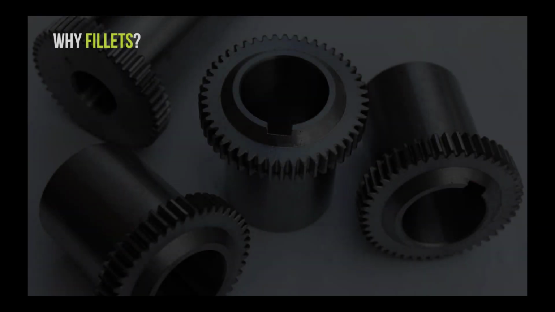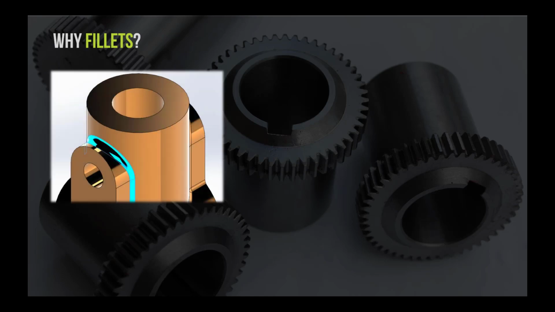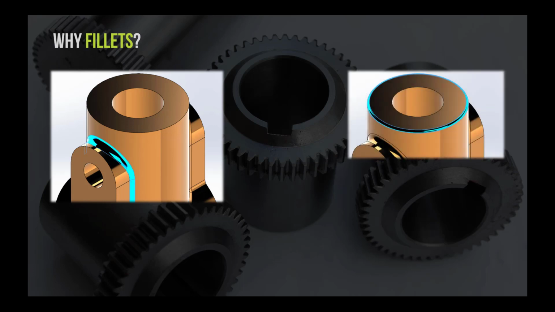So why do we need to use them? Well, there's a couple of reasons. Number one is on the design phase. It's a transitional blend from one face or feature to another. The other one is to provide an edge break in manufacturing. Nobody likes to have sharp corners on their parts, so fillets are a great example of use for manufacturing type features.